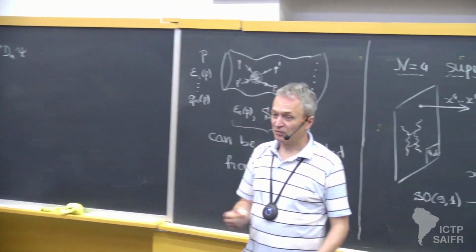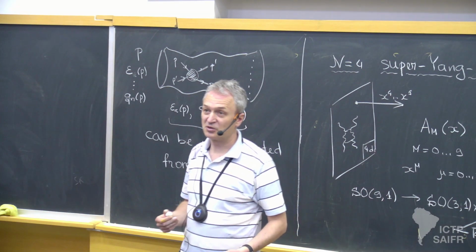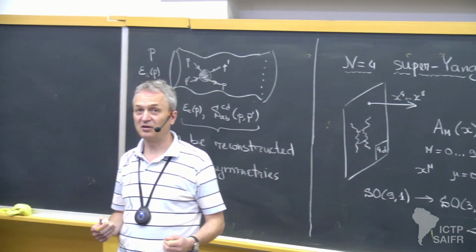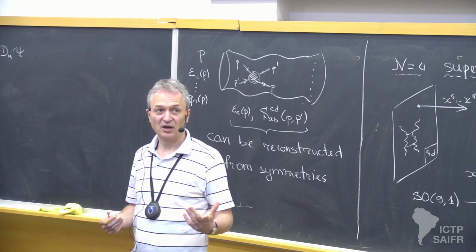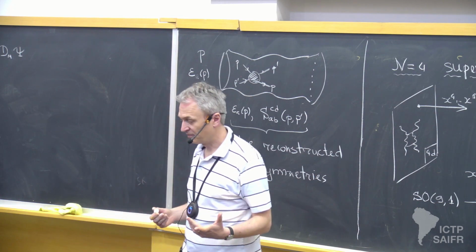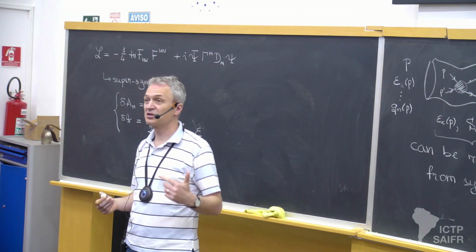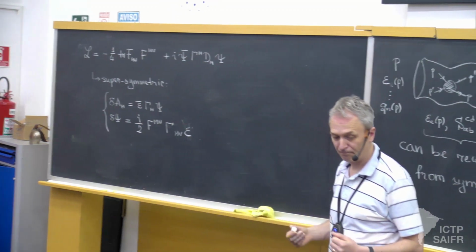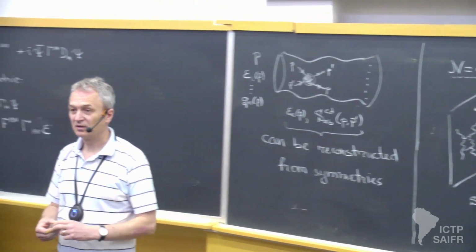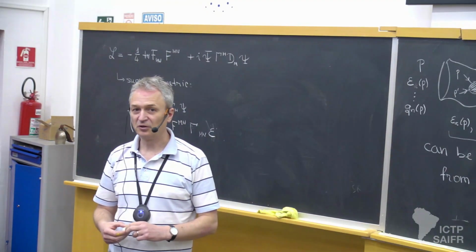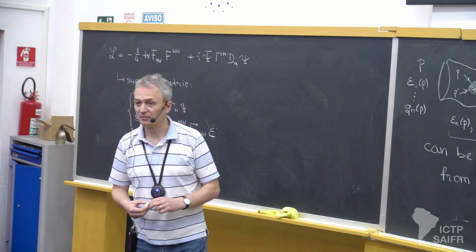So N=4 is just the dimensional reduction of this Lagrangian. So you take the fields with 10-dimensional indices and forget about derivatives in the directions that are perpendicular to the brane. Yes? In essentially the torus, yes. It's basically Kaluza-Klein reduction on a torus.